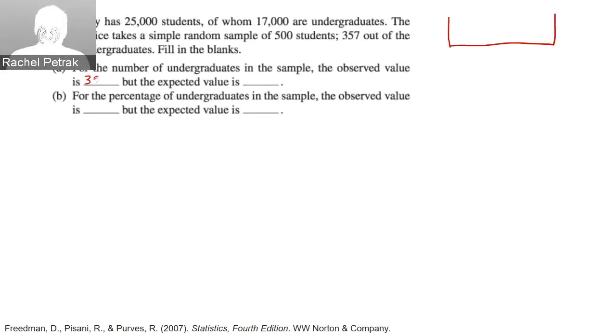We already know that. They took a random sample, 500 students, and 357 were undergraduates. As a percentage, 357 is 71.4%.